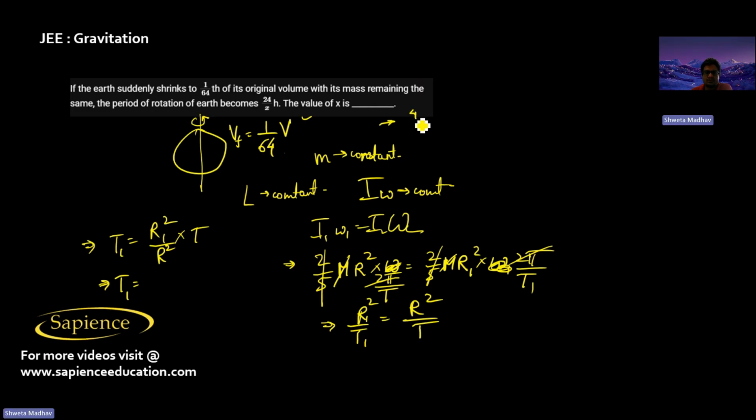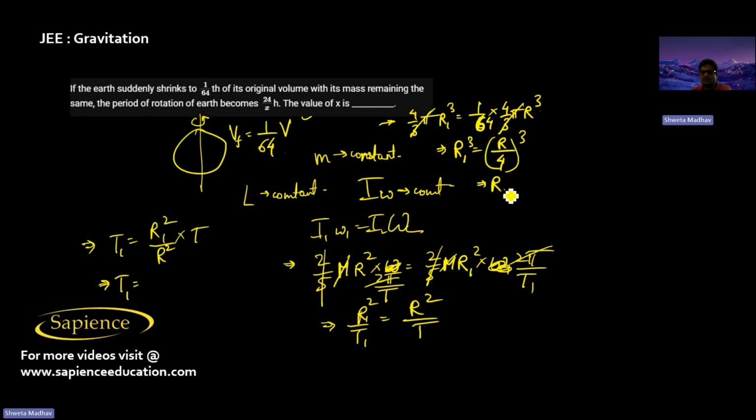The final volume, that is 4 by 3 pi R1 cube, is equal to 1 by 64 times the initial volume, that is 4 by 3 pi R cube. 4 by 3 pi will get cancelled. So R1 cube is equal to R by 4 cube.